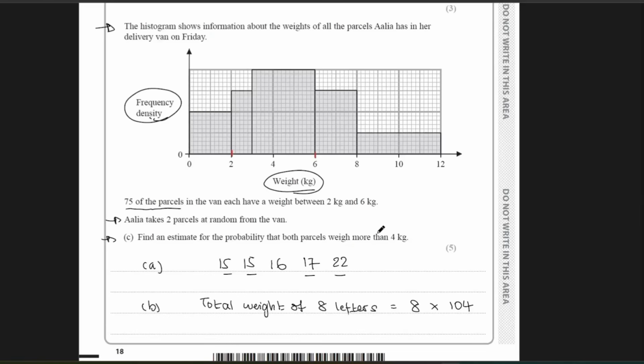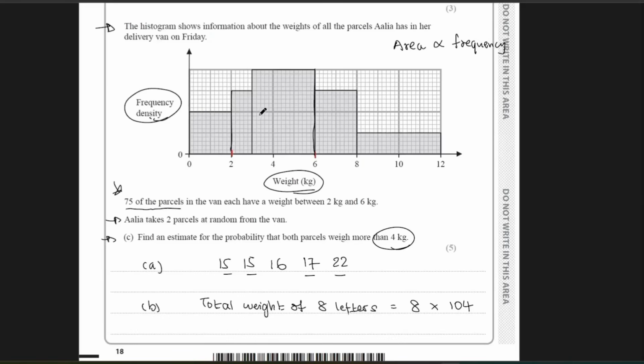Okay, so first we need to figure out the total number of parcels and the number of parcels that weigh more than 4 kilograms. We can use this first statement that between 2 and 6 kilograms, we have 75 parcels. So we know that in a histogram, area of a histogram is proportional to the frequency. So we'll use that.